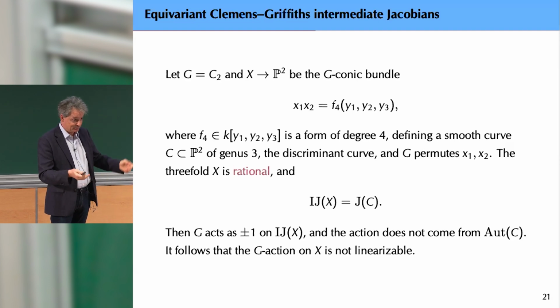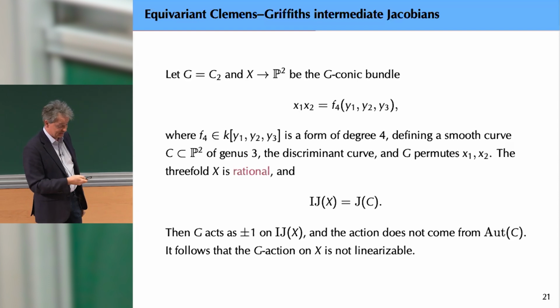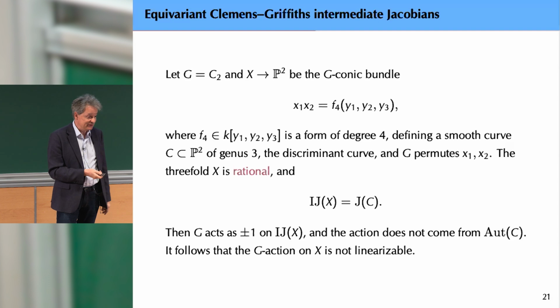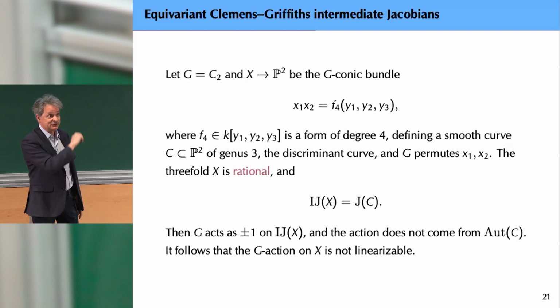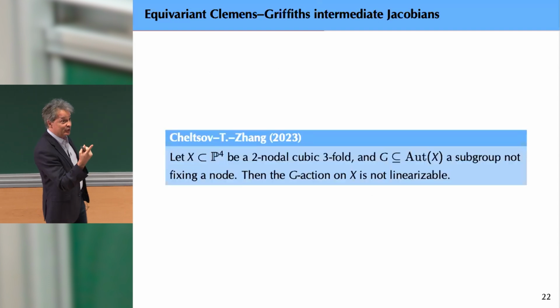And in this case, the intermediate Jacobian is exactly the Jacobian of that curve. And so, because the action is not consistent with the automorphisms, it's not equivariantly birational to P3. Okay. Because the curve's not hyperelliptic. It's not hyperelliptic, that's right. Exactly. That's exactly right.